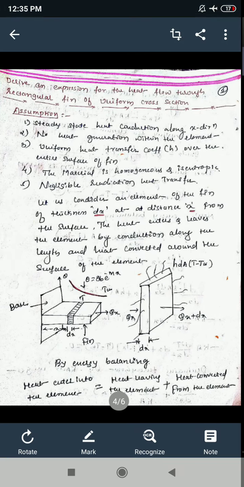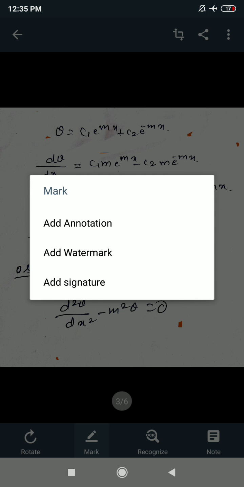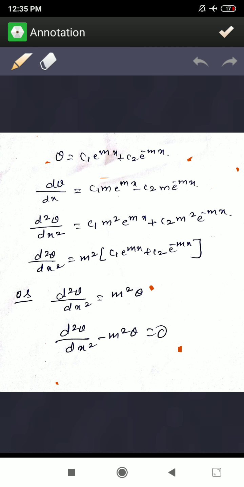Next, before going to derive this, we have to see some equations. I can choose one linear differential equation, that is theta equal to c1 e raised to mx plus c2 e raised to minus mx. Next I can differentiate theta with respect to x: d theta by dx equals c1 m e raised to mx minus c2 m e raised to minus mx.